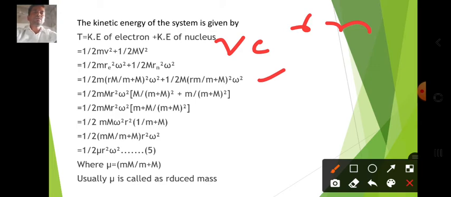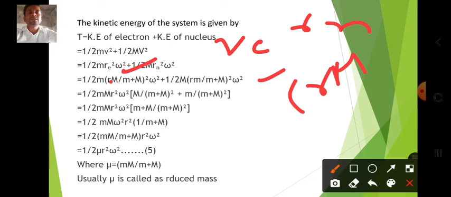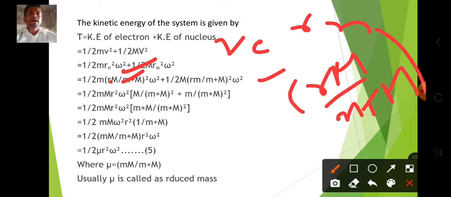Okay. And now take the common points. Common points are here. See here, r, small m, capital M, over small m plus capital M. And here also in the denominator, small m plus capital M. But here the capital M, here small m, right?